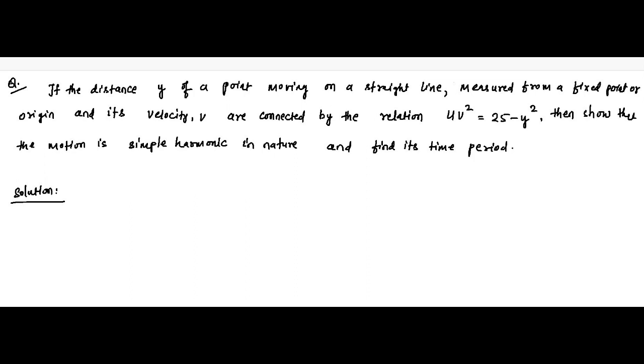So here it is given that the position of this particle, let's say from this reference point or origin, it is moving here and there, the instantaneous position. And its velocity is given by this relation 4v square is equal to 25 minus y square.